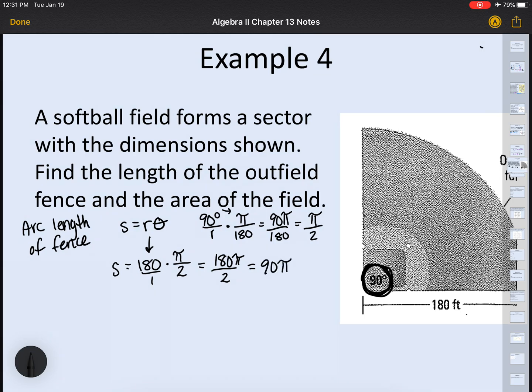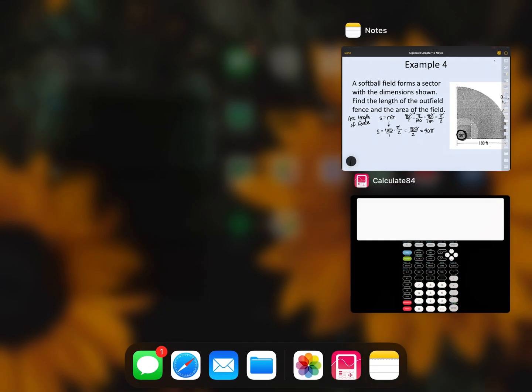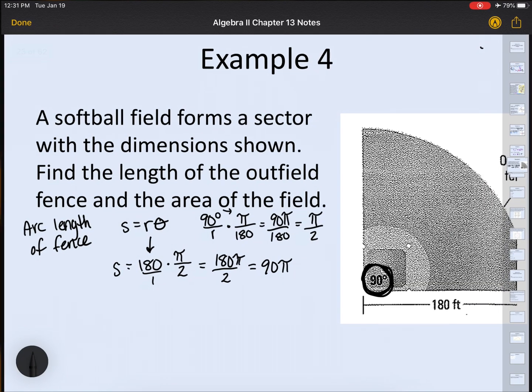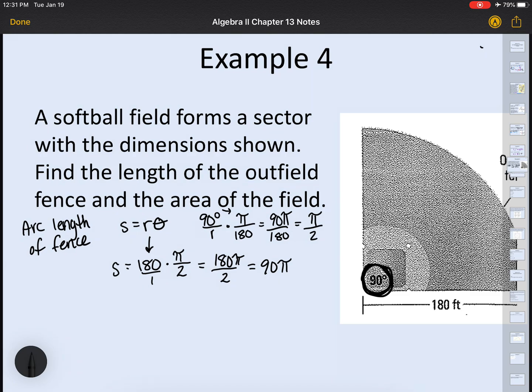And if we put 90 times pi in the calculator, that is about 283, and I think it's feet. Yep, 283 feet is the length of the fence. So here's the length of the fence.